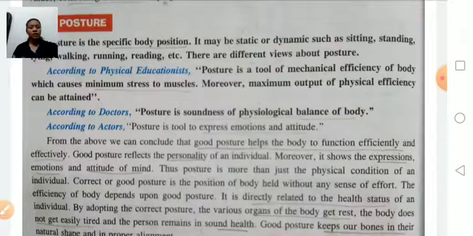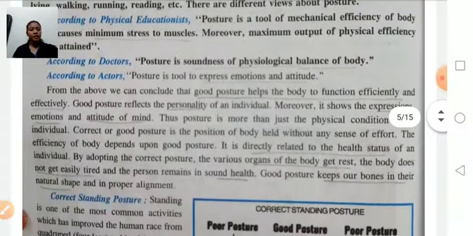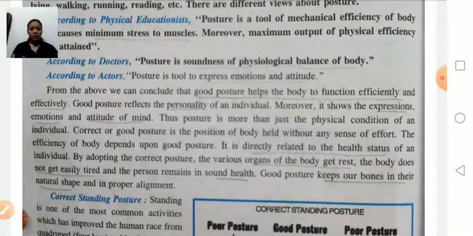Posture is directly or indirectly related to the health status of an individual. By correcting our posture, the organs of our body get a rest.